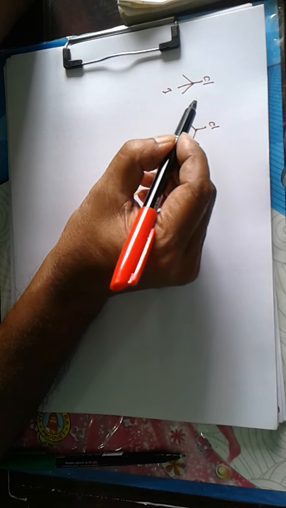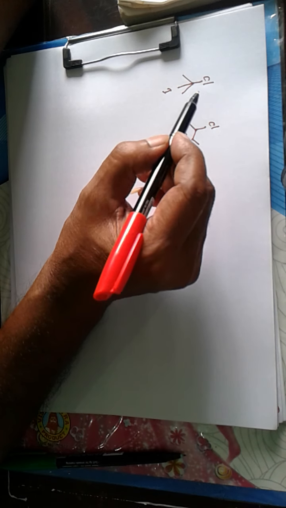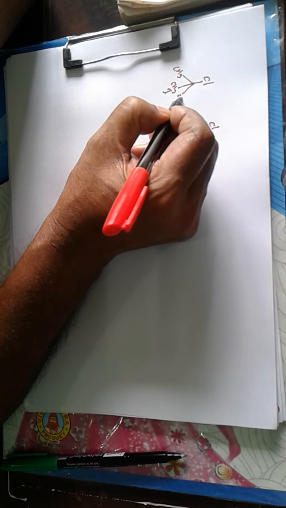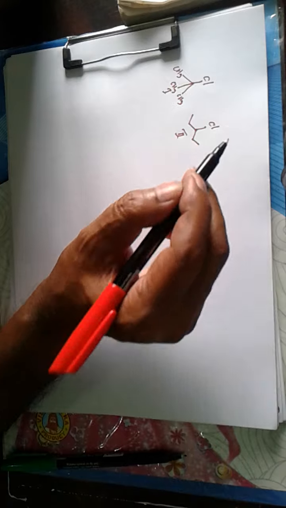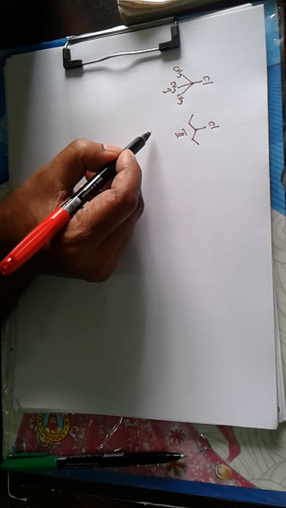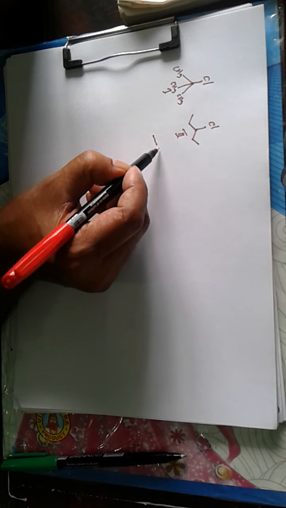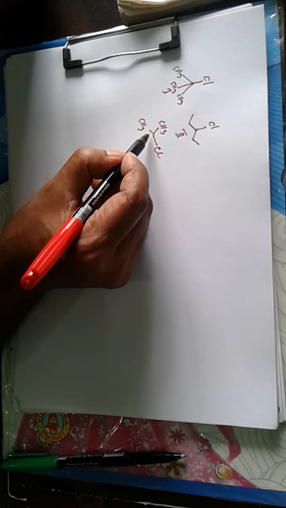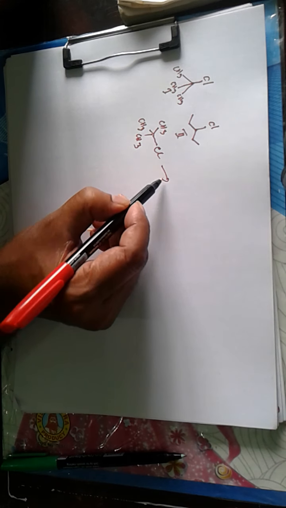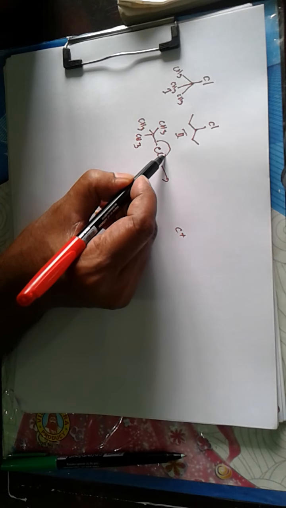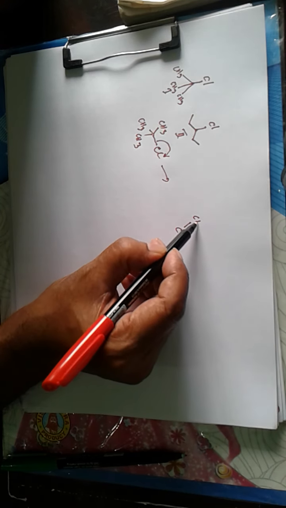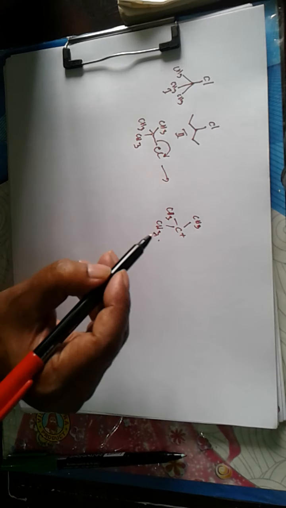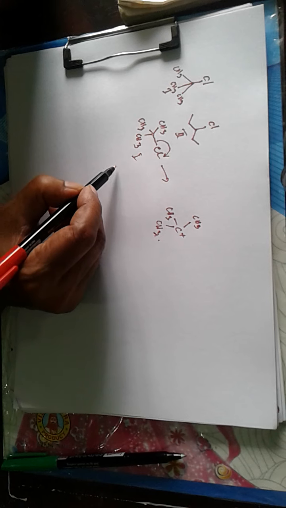Now evidently compound 1 undergoes SN1 faster because there are 3 alkyl groups, that is CH3, CH3 and CH3, and the carbocation obtained from 1, so 1 gives this carbocation and 2 gives another.